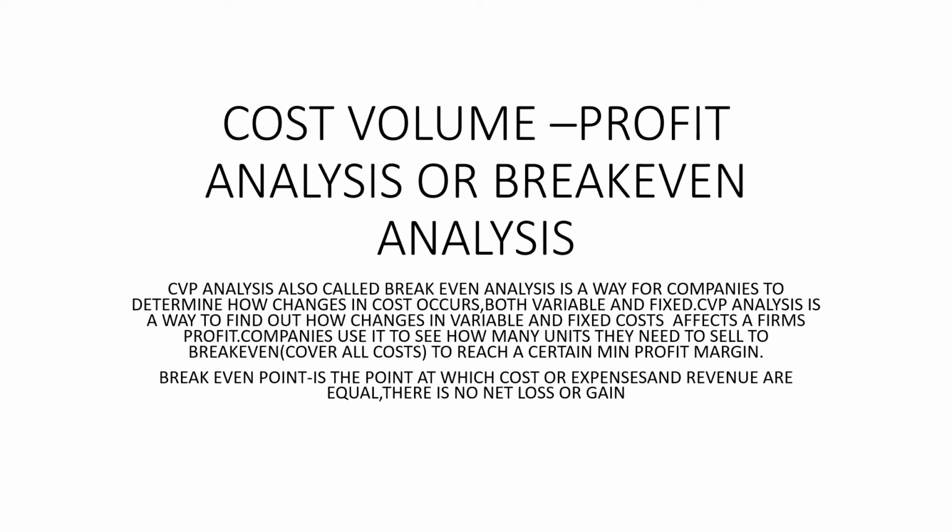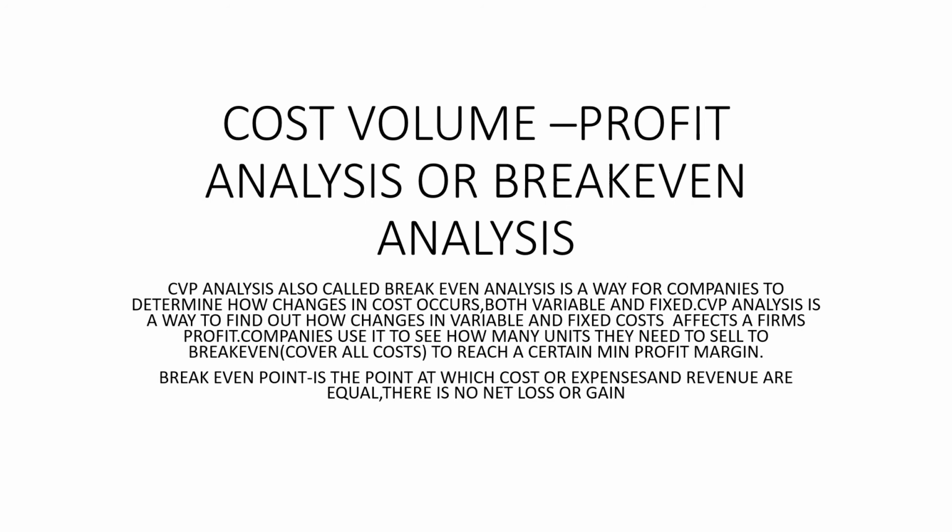So here CVP analysis helps the company to understand how the fixed and the variable costs are helping the company to make the profit. So this analysis is a milestone for the company also. Companies use it to see how many units they need to sell to break even, to reach a certain minimum profit margin. And what is break even point?